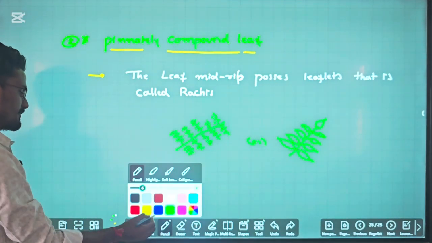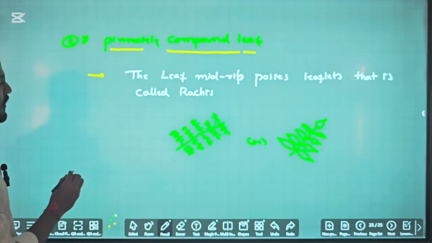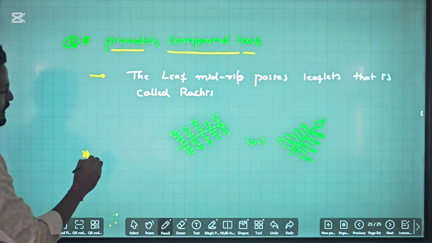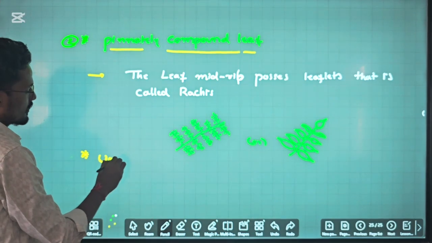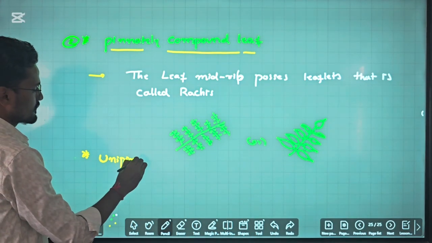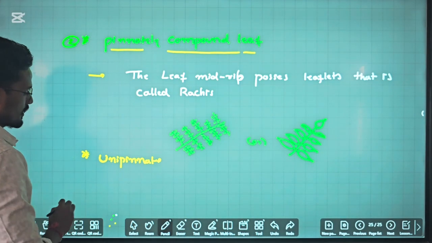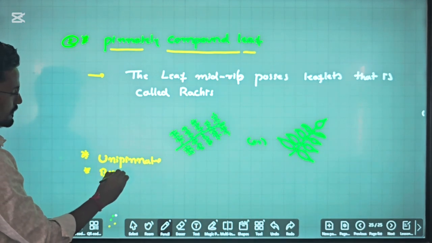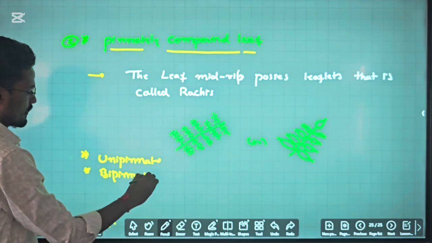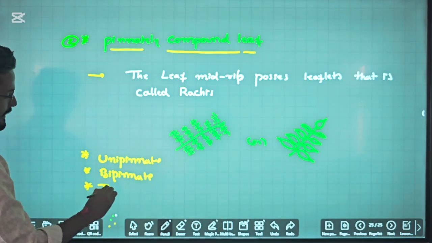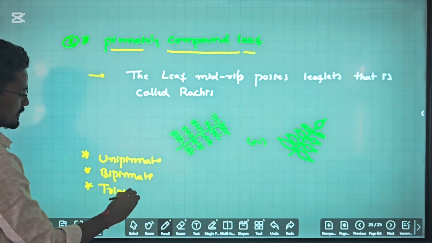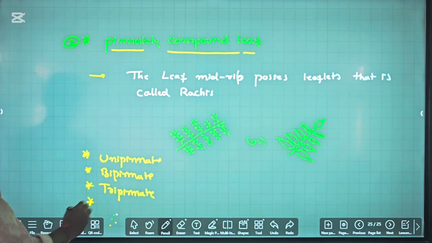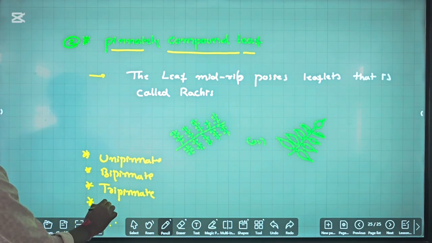Here the pinnately compound leaf also has types. There is unipinnate, next is bipinnate, next is tripinnate, and the fourth one is decompound.